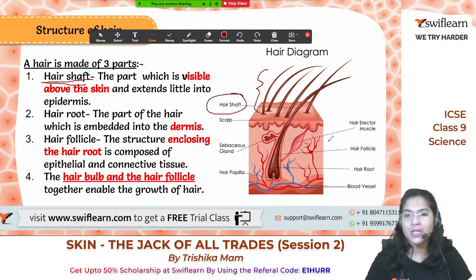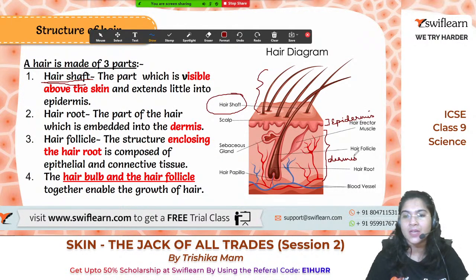So if you think about this one, this much portion is the epidermis. Below this, where the hair follicles are originating, this portion is known as the dermis, and below this one is the hypodermis, where basically fat molecules are present.